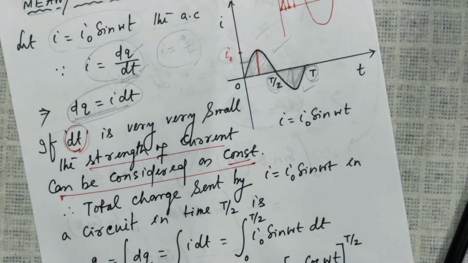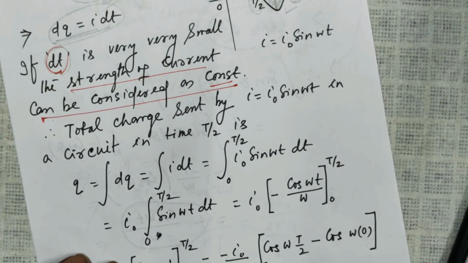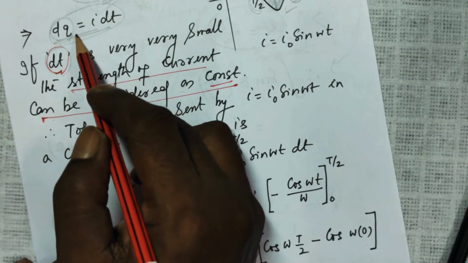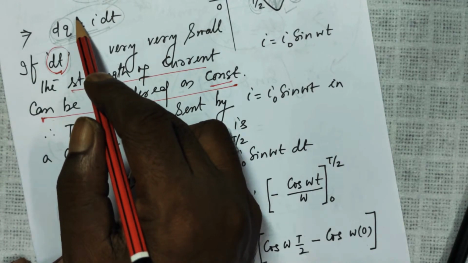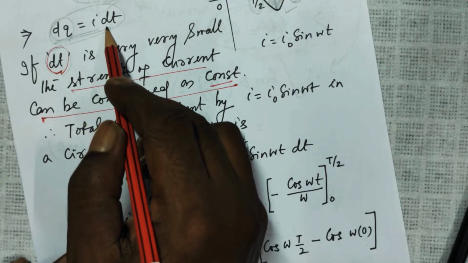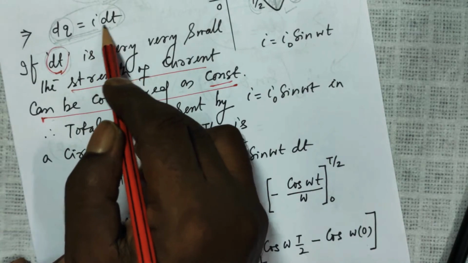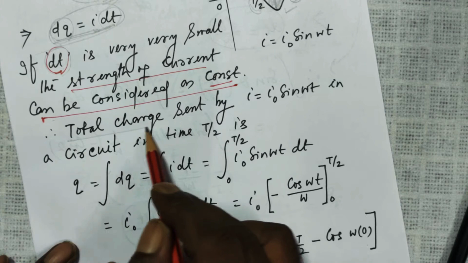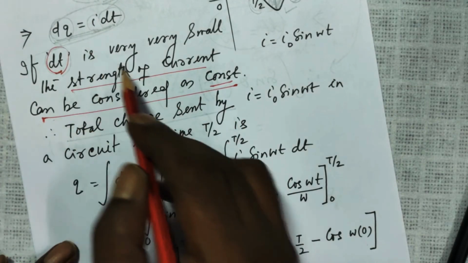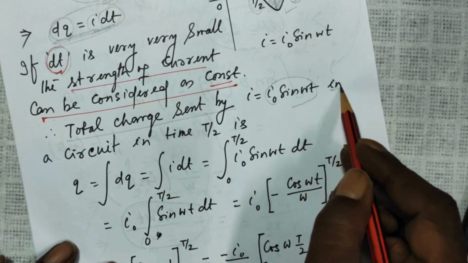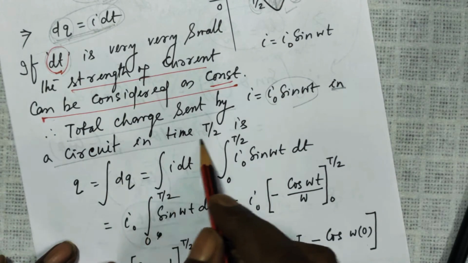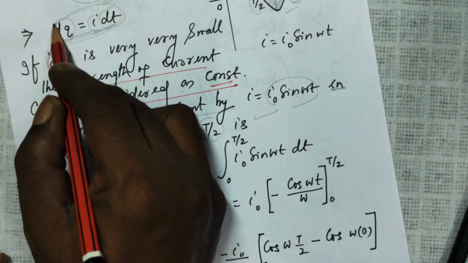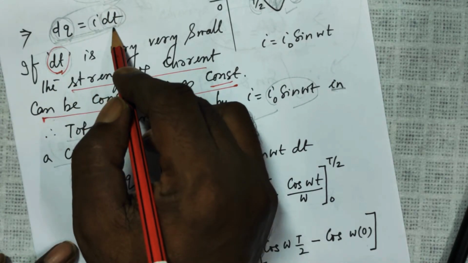Now let me take the pencil. Now, the small charge dq sent through a circuit in time dt is equal to I into dt. Therefore, the total charge sent by this current, which is I naught sin omega t, in a circuit in time T by 2 will be how much? This is the small charge sent in time dt.